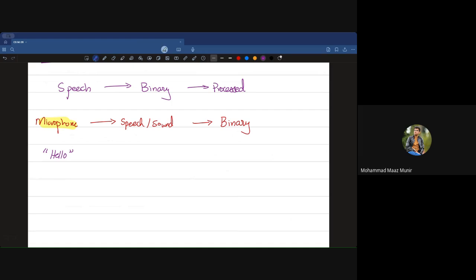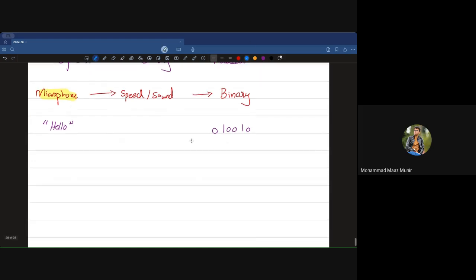But your computer does not understand what we mean by the word hello. Why? Your computer can only understand 0 1 0 0 1 0, or whatever the equivalent of this hello is in terms of binary. Now, an important point to note is that this hello is basically an analog form of data. So this is analog in nature.